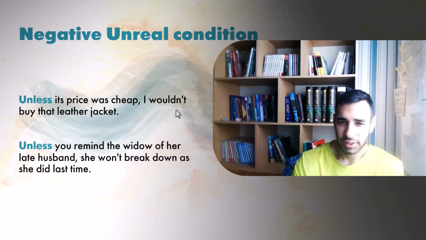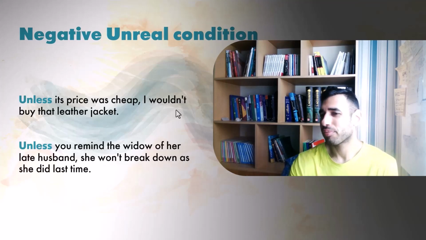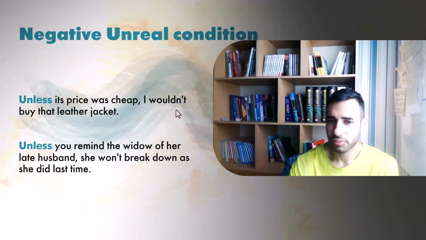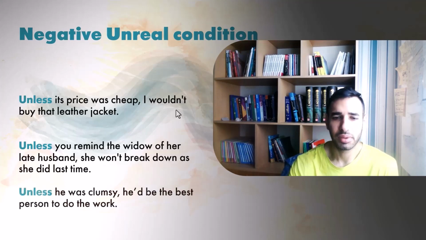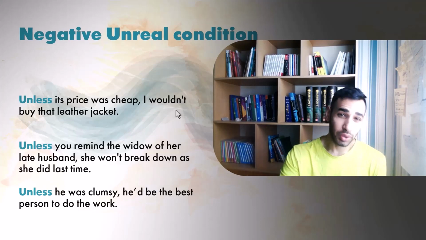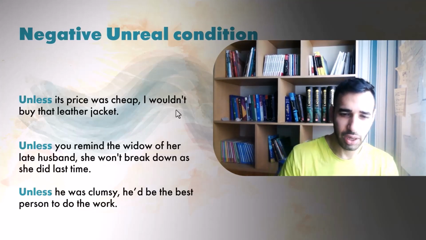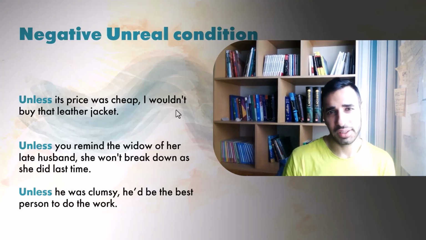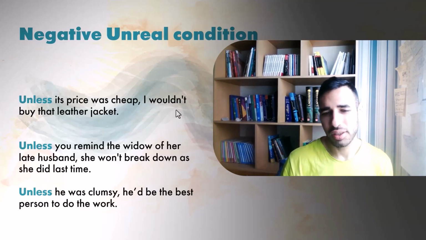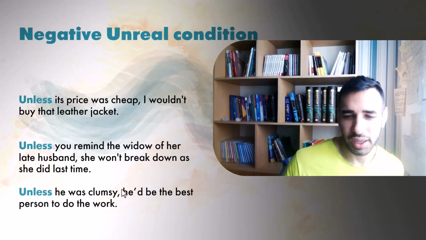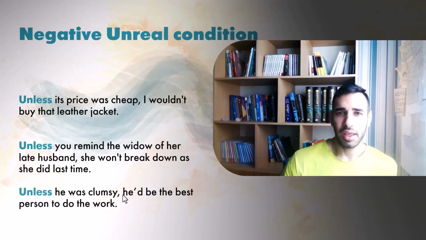So this is an unreal situation, and we can use unless. Unless he was clumsy, he'd be the best person to do the work. So he is clumsy. Unless he was, if he wasn't. So this is an unreal situation, and in the main clause, the concept is negative, so we can use unless.